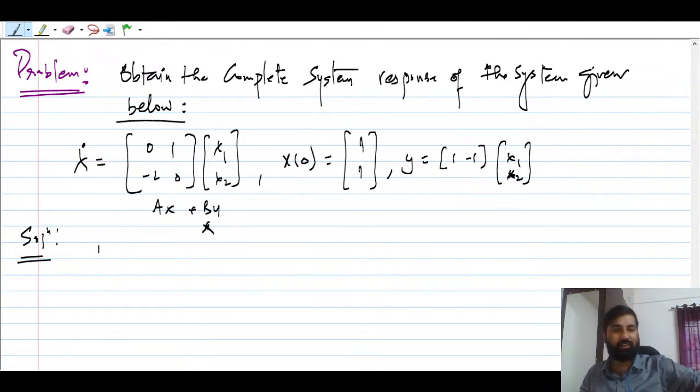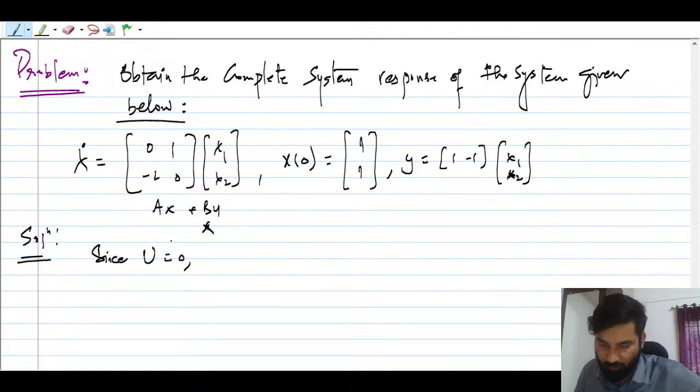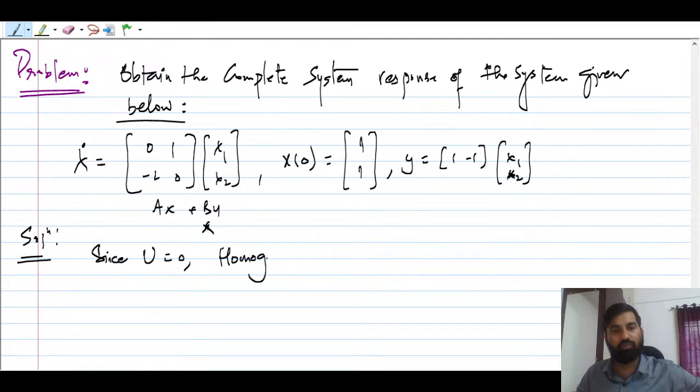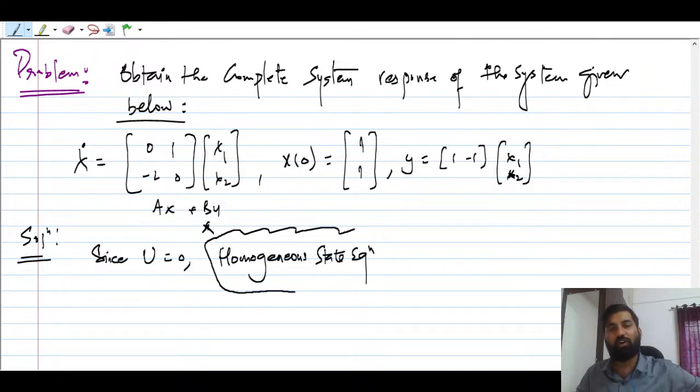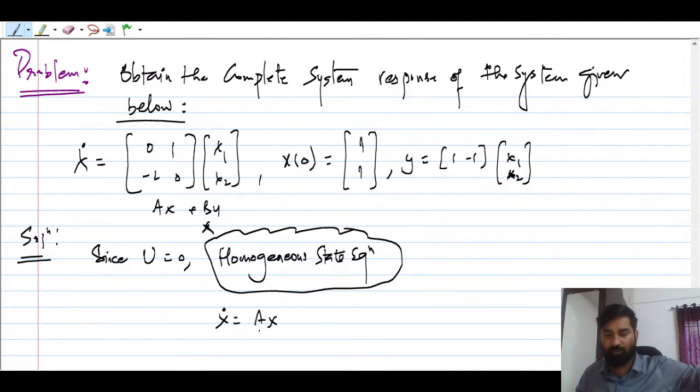So you can say that since u is 0, the input is 0, this is called the homogeneous state equation. And what is the form of the homogeneous state equation? That is x dot equal to Ax. x dot equal to Ax is called the homogeneous state equation.